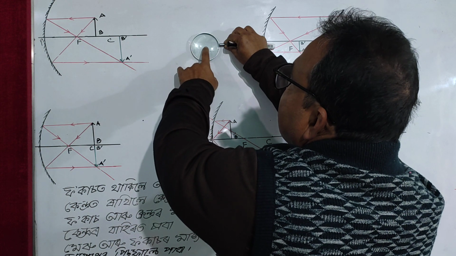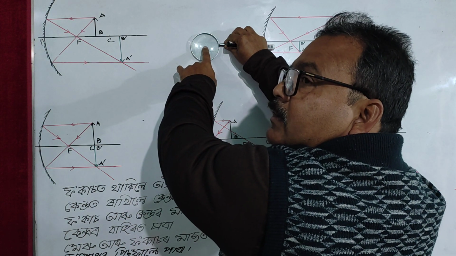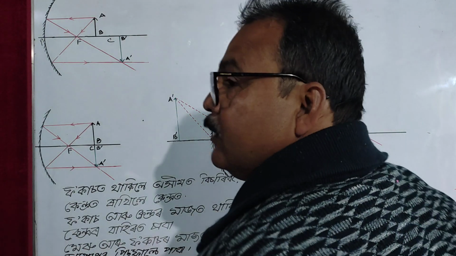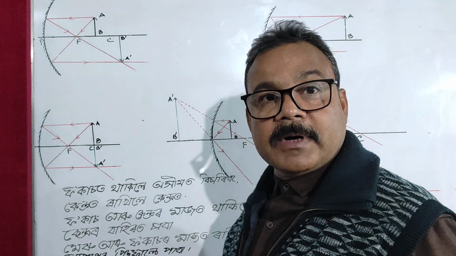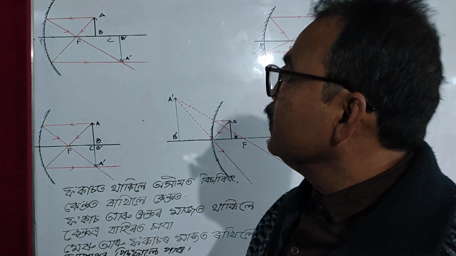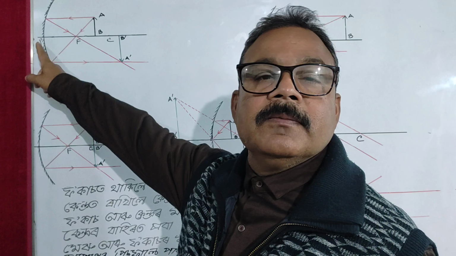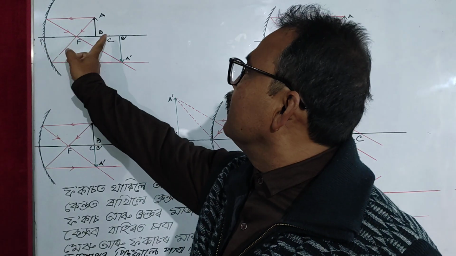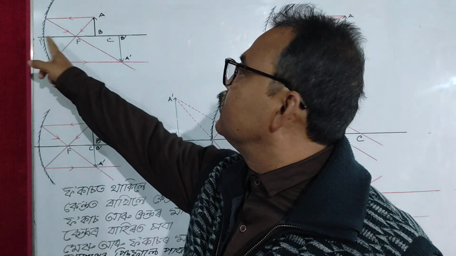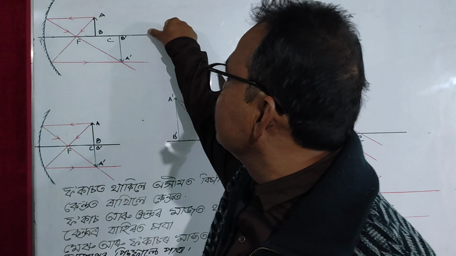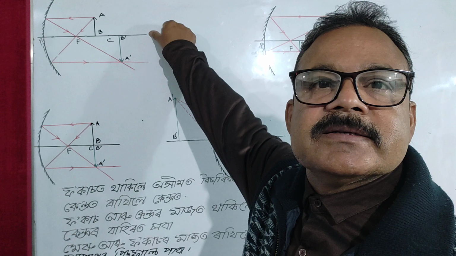Then definitely this is the center of curvature. While you draw it with the help of your compass, you will easily be able to find out the center of curvature and the pole. After finding out the center of curvature and pole, you draw the line through the center of curvature and pole, which is the principal axis.